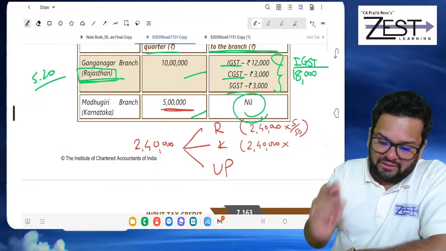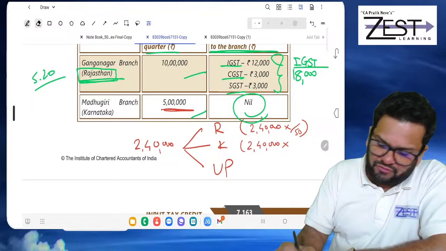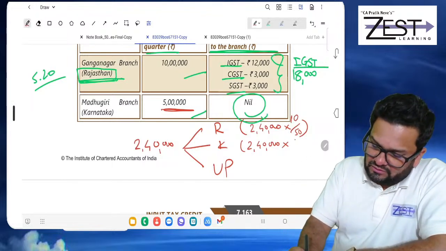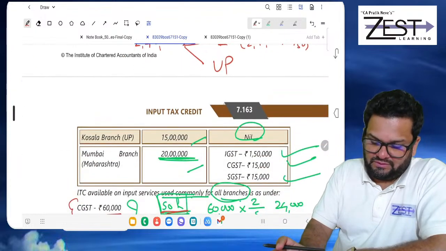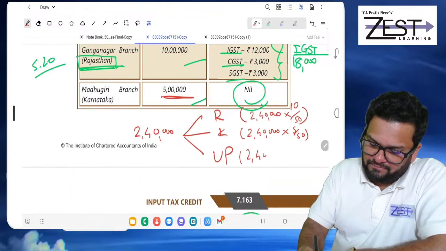My bad. Rajasthan was 10. So into 10 by 50 was Rajasthan. Karnataka is 5 by 50. And Kosla branch is 15 by 50. Did you all understand?